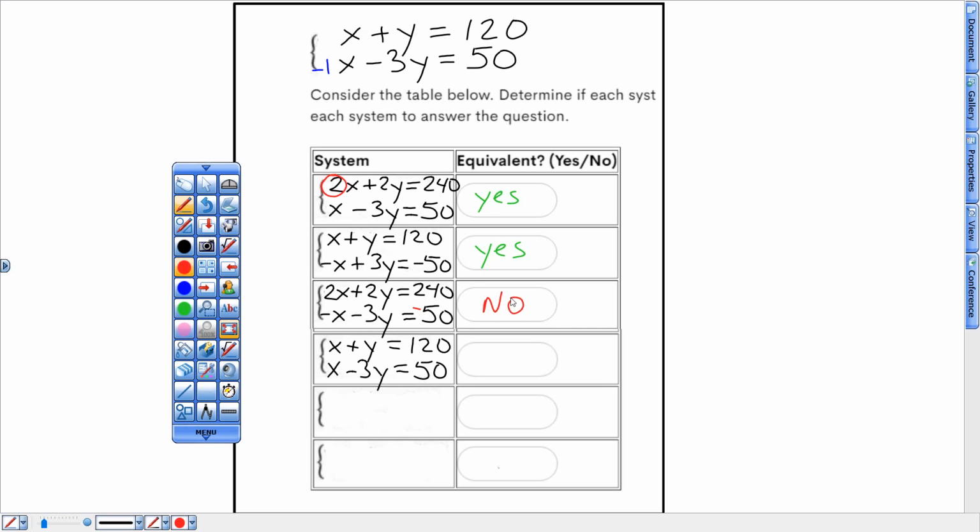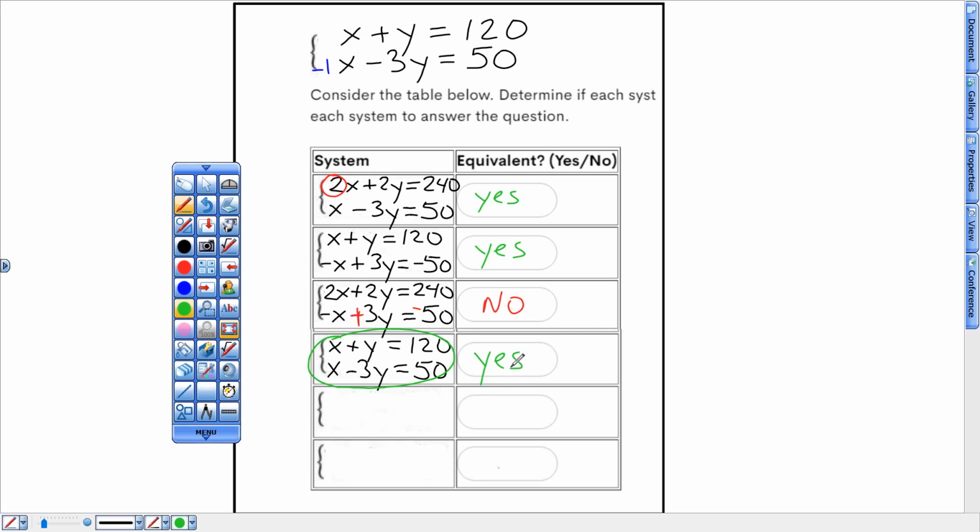If that would have been -x plus 3y minus 50, that would have been a yes, but since that's not there, that's a no. All right, look at the next one here. Kind of silly, not sure why I gave it to you, but the way this one's set up, both of them are the same. That would be a yes.